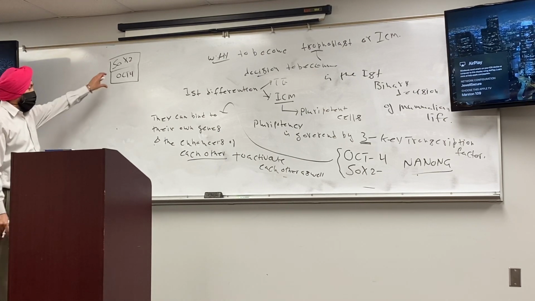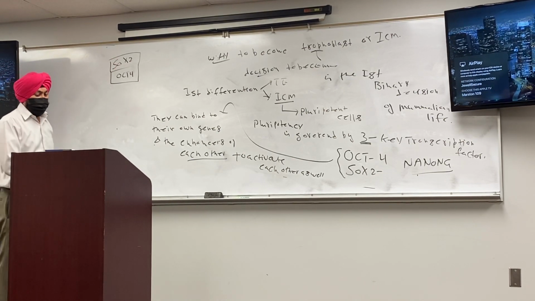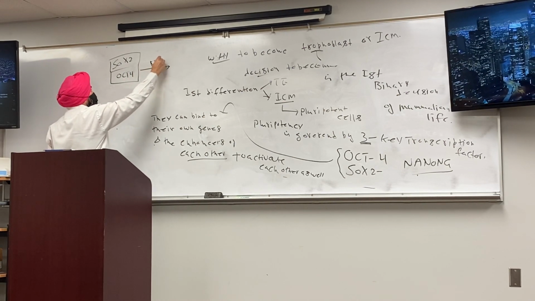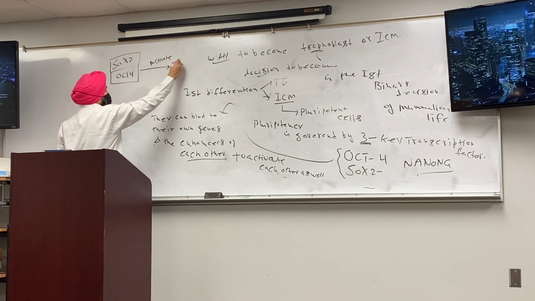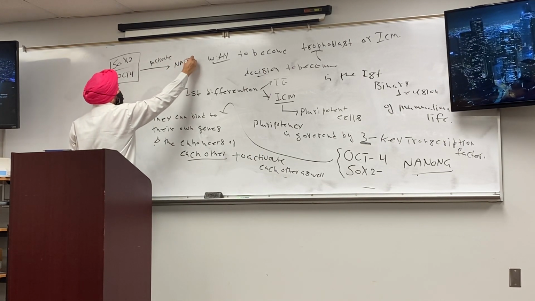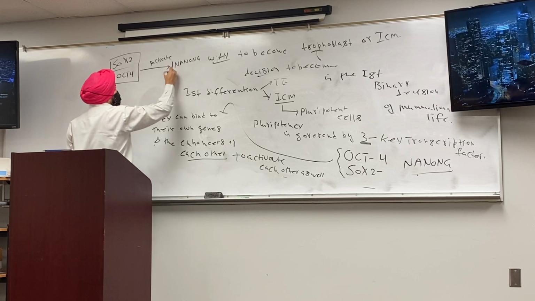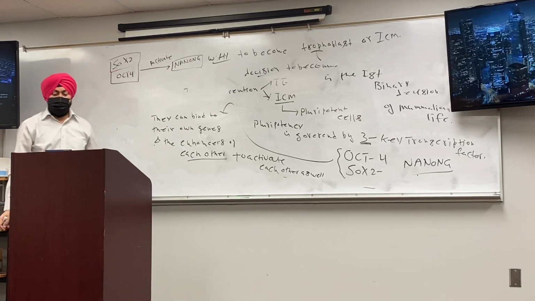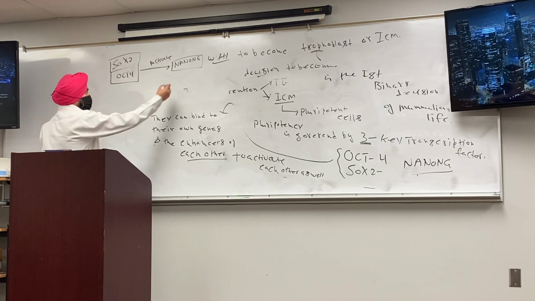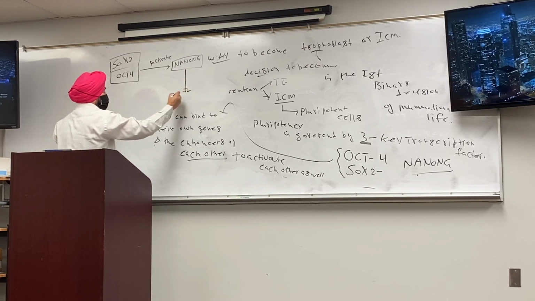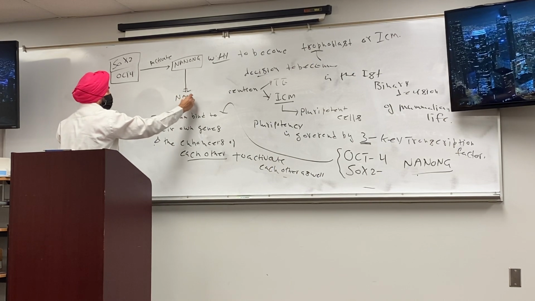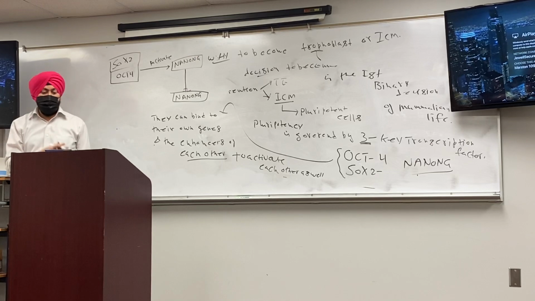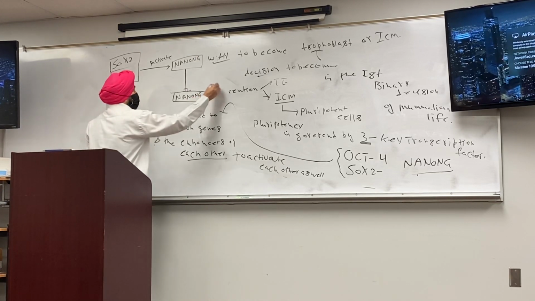Now, when they form a dimer, they can actually activate Nanog. When Nanog is activated, it makes more and more Nanog. Now this Nanog can actually go back and activate itself.